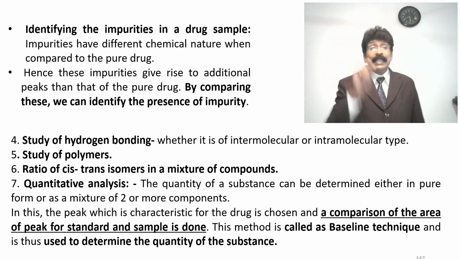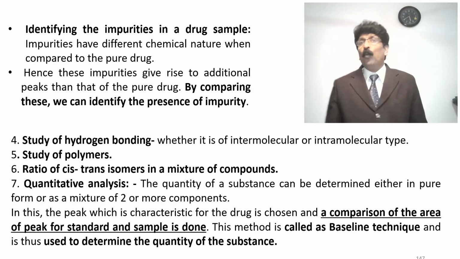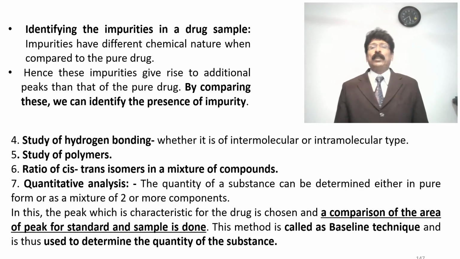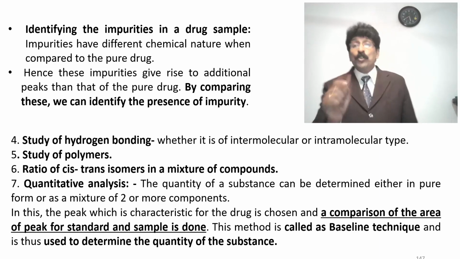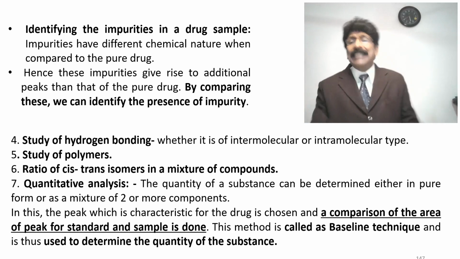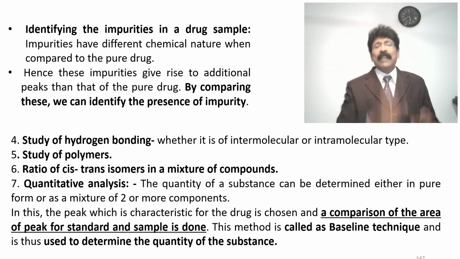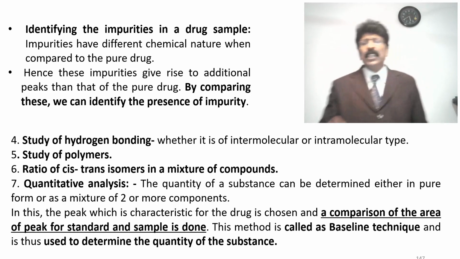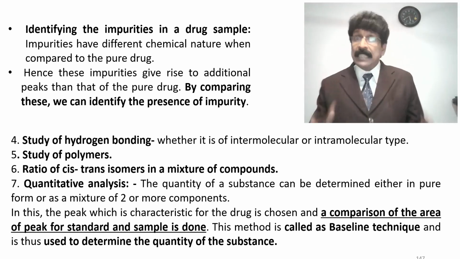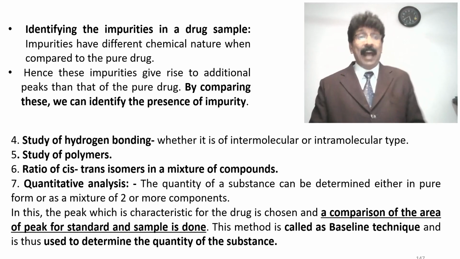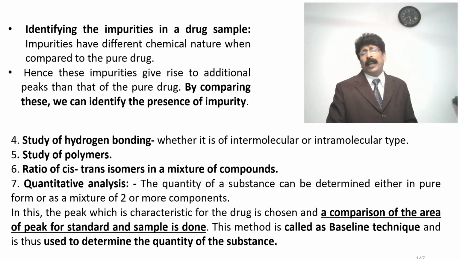In this, the peak which is characteristic for the drug is chosen and a comparison of the area of the peak of the standard and the sample is done. This method is called the baseline technique and is used to determine the quantity of the substance.